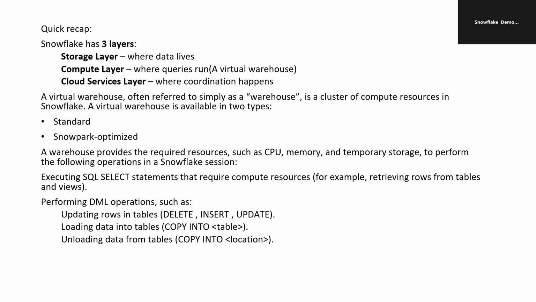A virtual warehouse, often referred to simply as a warehouse, is a cluster of compute resources in Snowflake. A virtual warehouse is available in two types: one is standard, another is Snowpark optimized. In standard we also have two types, but I'll show you in the next video, when I explain virtual warehouses, how we can create them and what options we have. During that video, I will explain all these types of virtual warehouses.